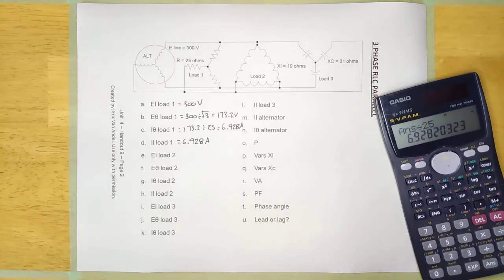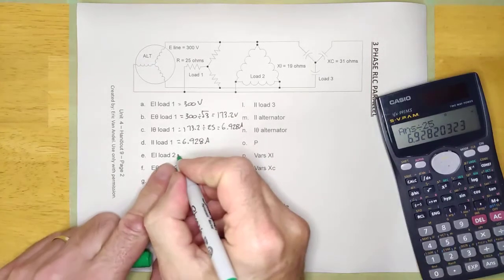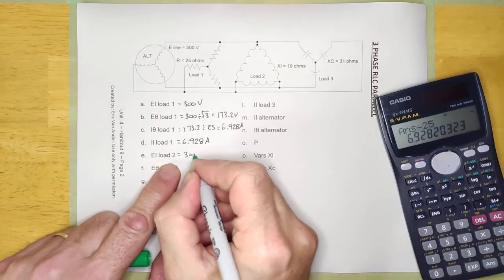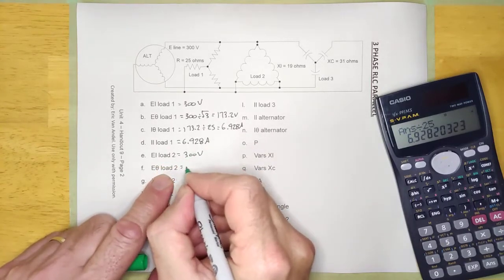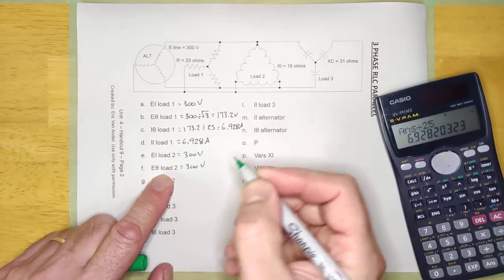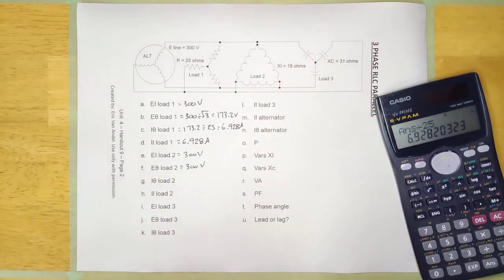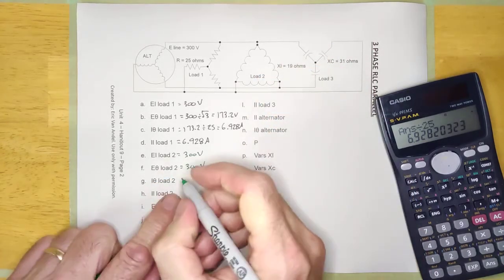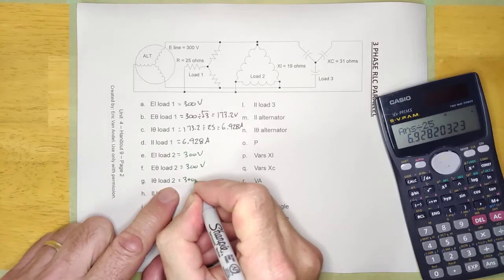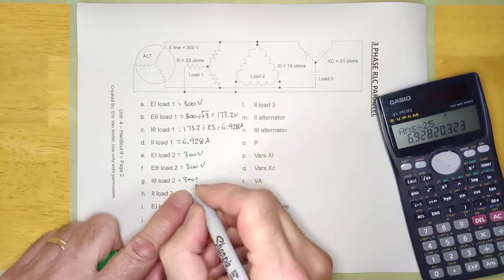Okay, so that's load 1. Okay, delta, so the voltages are the same. Ohm's law, divided by 19.